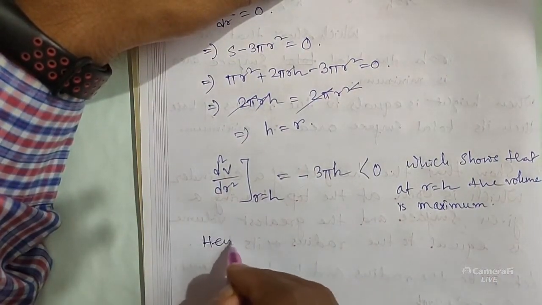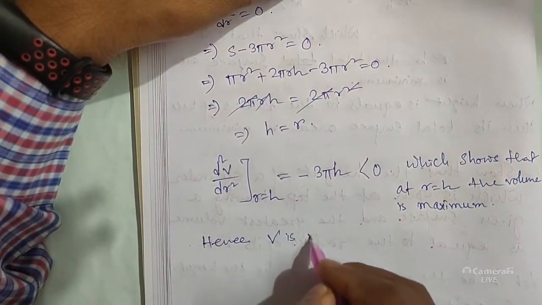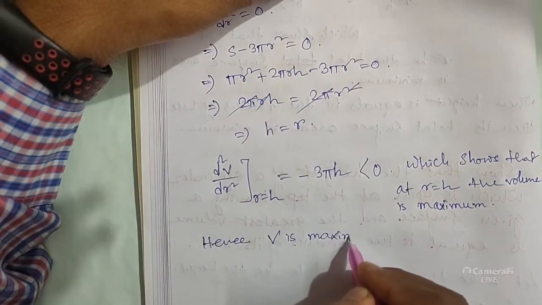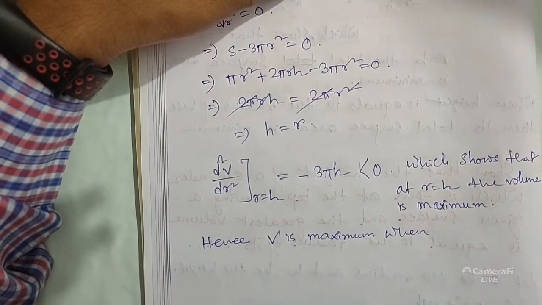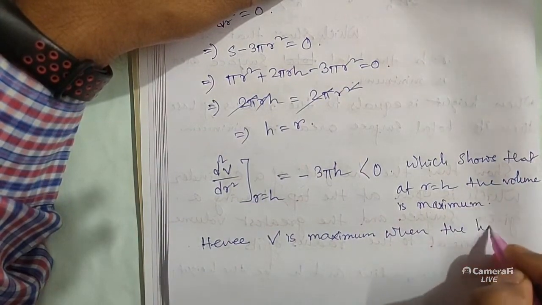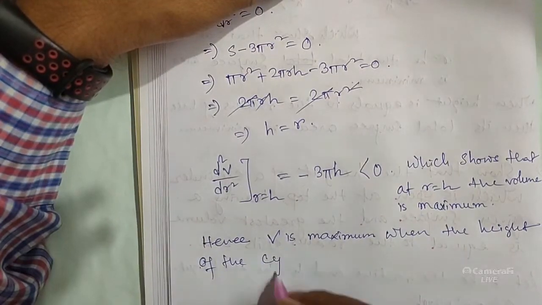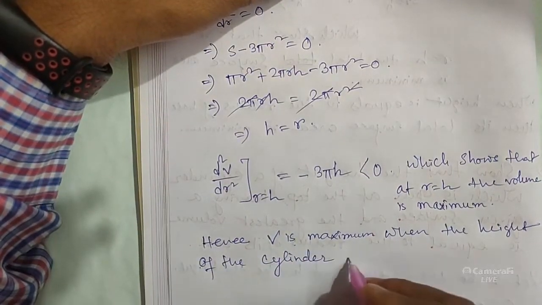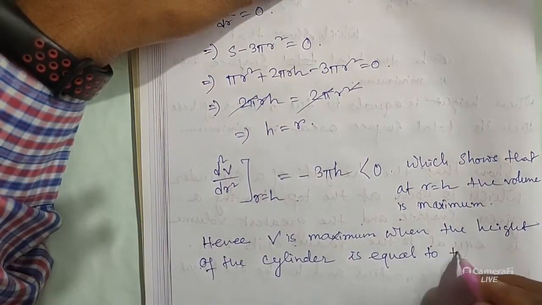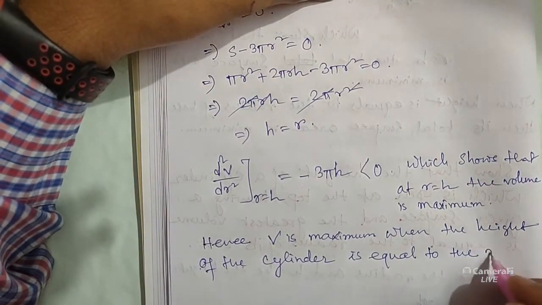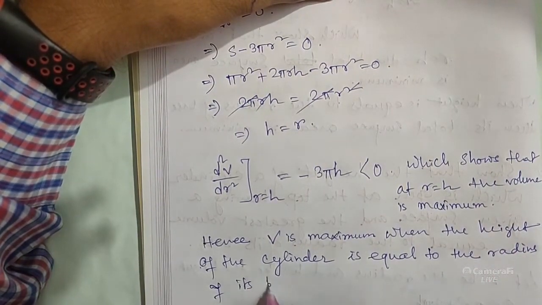Hence V is maximum when the height of the cylinder is equal to the radius of its base.